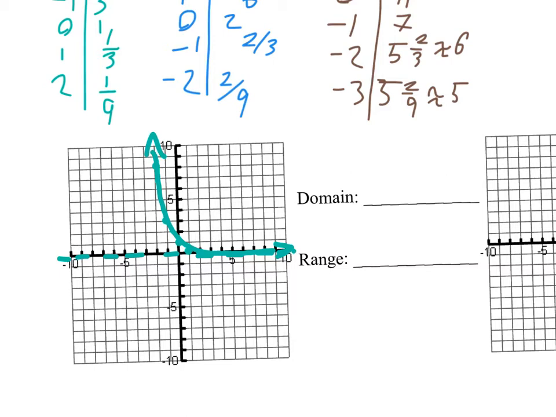And when we take a look at this for our new function, our translated function, our first coordinate, 1 and 23. 23 is not going to fit, so move on to the next one. 0 and 11. That's also not going to fit, but if it did, it would be somewhere up there. -1, 7.